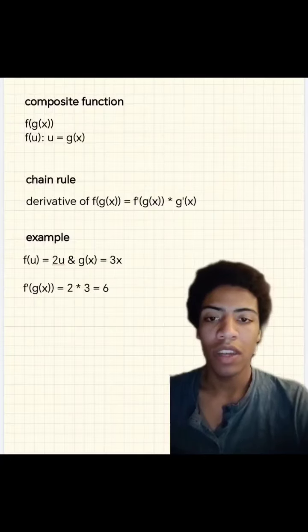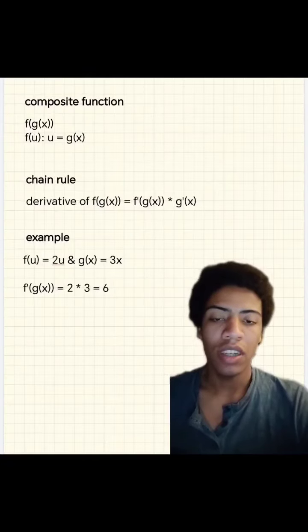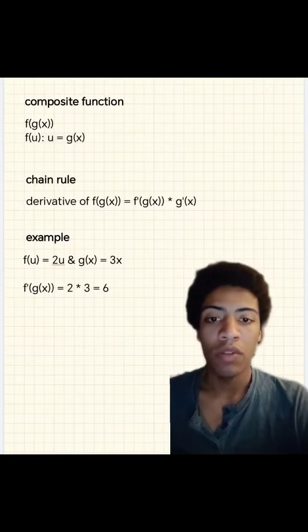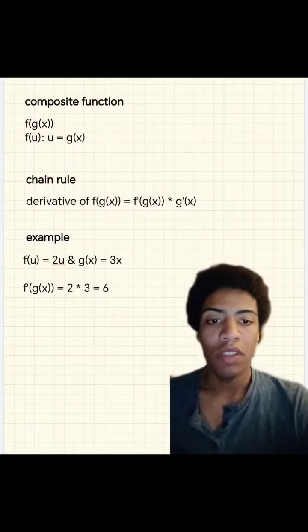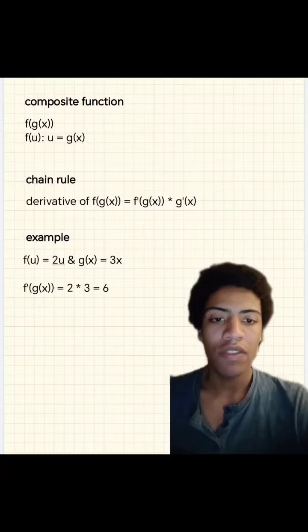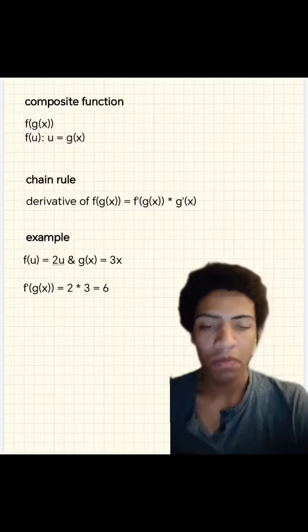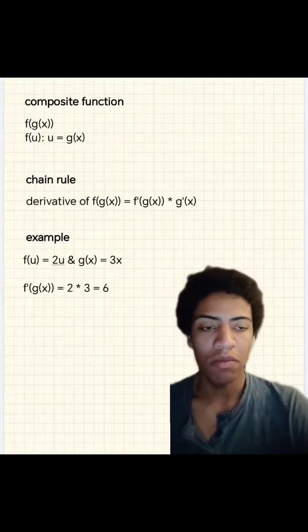For example, here we have the function f, which is 2u, and function g is 3x. So the derivative of function f would be 2, and the derivative of function g would be 3, which means it would be 2 times 3, which makes sense because function f is multiplied by function g in real life, because the function g is a variable in function f.